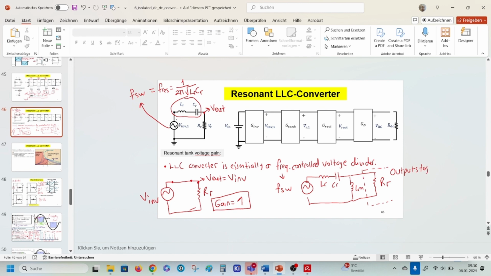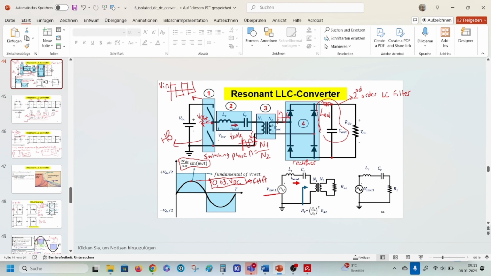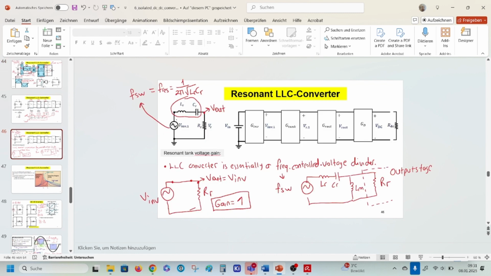The output stage is shown with only reflected resistance, like here, this portion. We don't show it again with transformer plus AC resistance, just with unique reflected resistance. And this was our first harmonic approximation illustration.